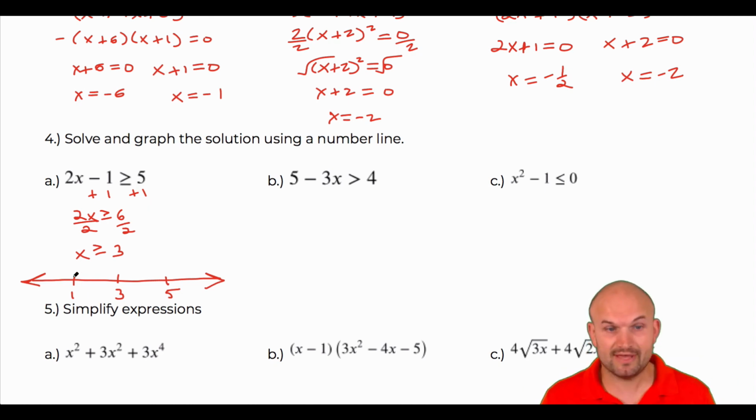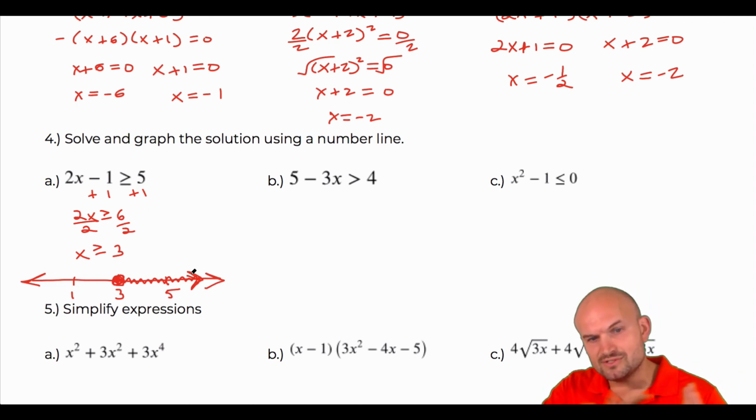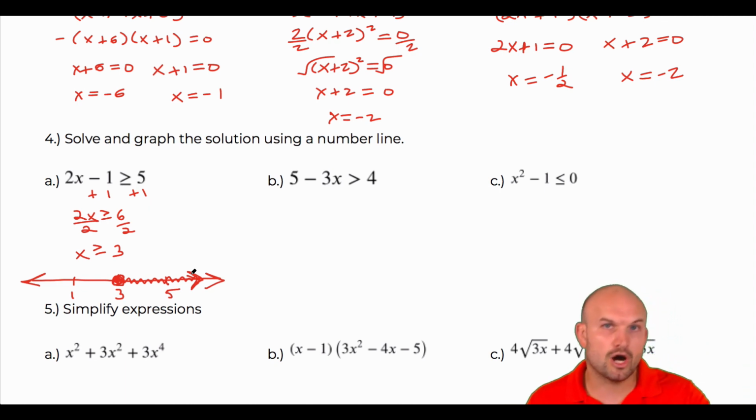It has to be greater than or equal to. So to represent the or equal to, we're going to make a little dot and fill it in. And then if we want to represent all values that are greater than 3, we're just going to shade to the right of the number 3 and then put an arrow, meaning that all the values continually going in that direction are always going to be larger than 3, and they're always going to be a solution to that inequality.